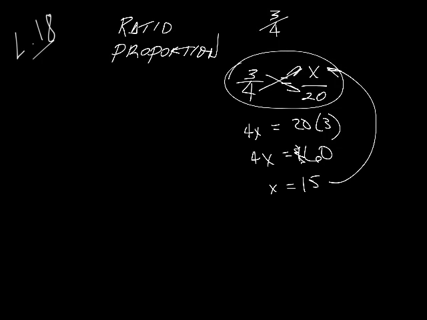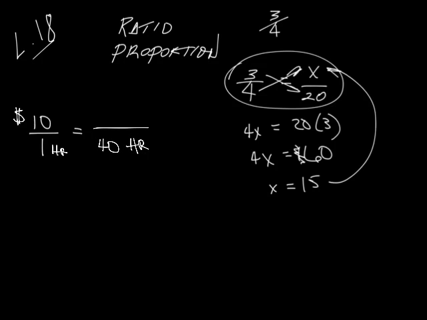So let's say that you make $10 per hour and you want to find out how much you're going to make in 40 hours. So this is 1 hour and this is money. And so you're interested in finding out how much money you're going to make in 40 hours.